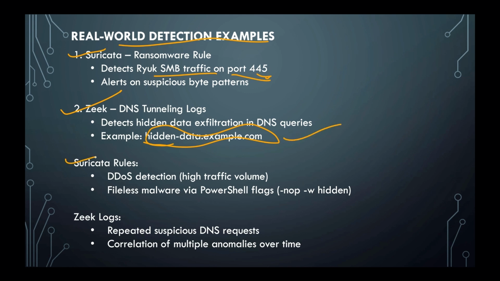Suricata rules for the DDoS. A DDoS is like a flood of malicious traffic that overwhelms a server, causing it to crash. Suricata can spot a DDoS attack by analyzing traffic patterns and identifying an unusually high volume of requests from a single source. So here is a rule to detect a basic DDoS attack.